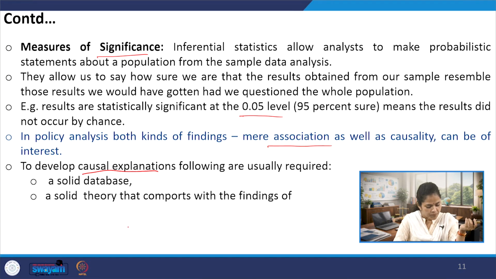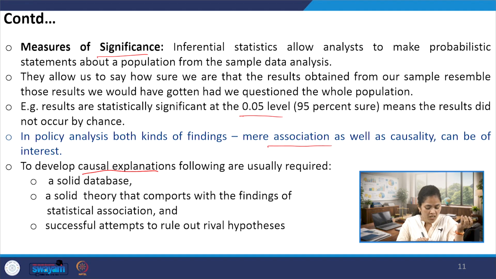The first is a solid data set for causal explanation, and the second is a solid theory to accompany the findings of statistical association, along with successful attempts at ruling out rival hypotheses, like self-selection in the sample.